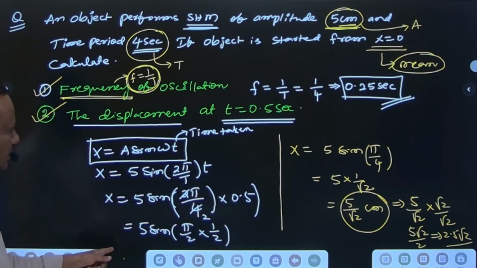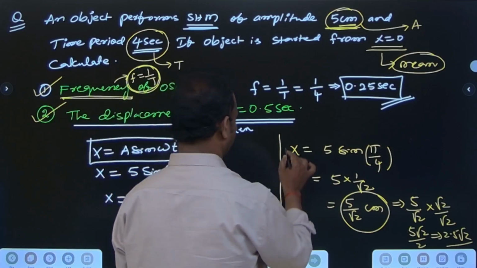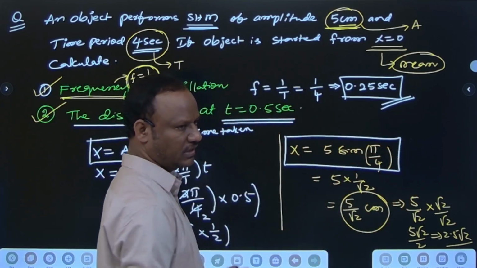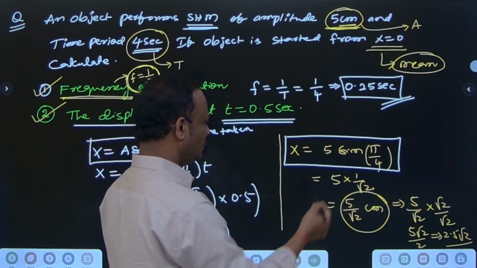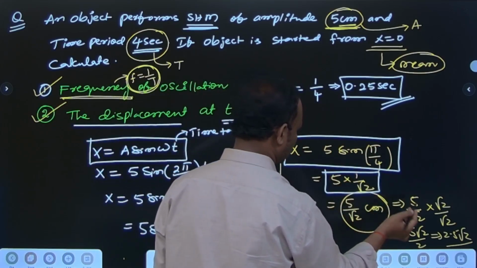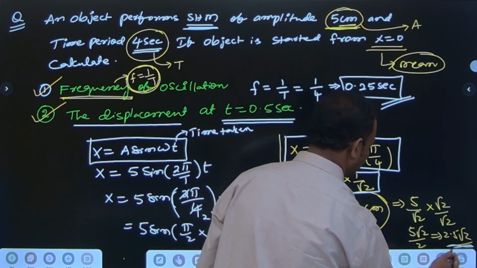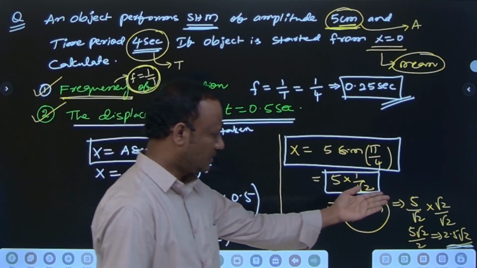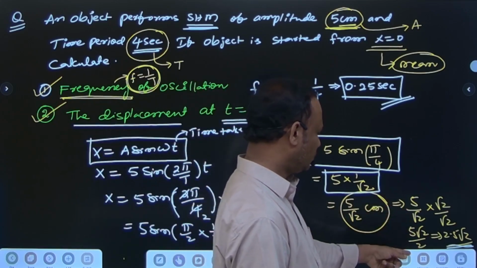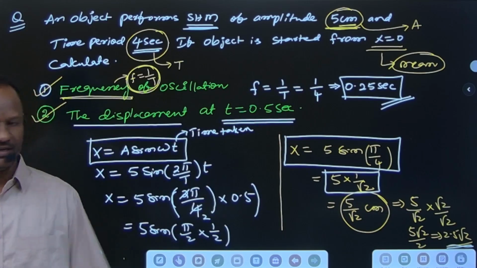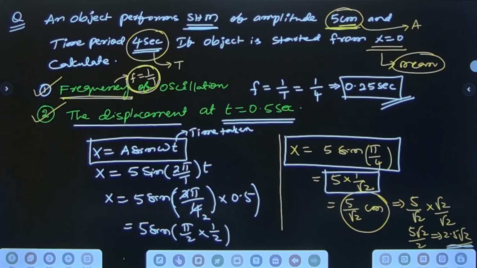After the substitution, x is equals to 5 sine pi by 4. Sine pi by 4 means 45 degrees. The 45 degrees value gives 5 by root 2. Is the answer according to the given options? We can give it as 5 by root 2, otherwise multiply and divide with root 2. So 5 root 2 by 2, 2.5 root 2, like we can write it. It's in centimeter.